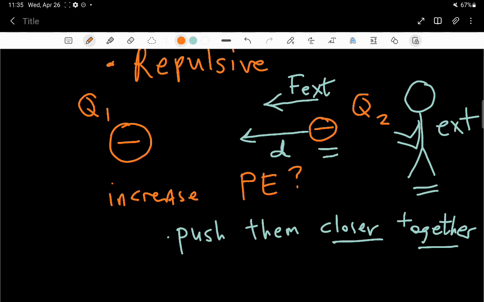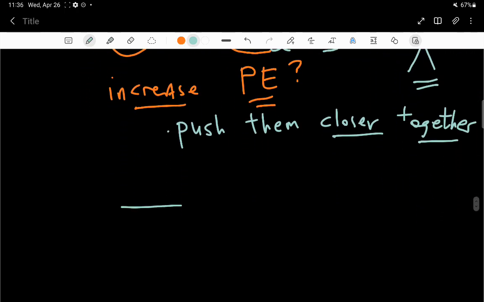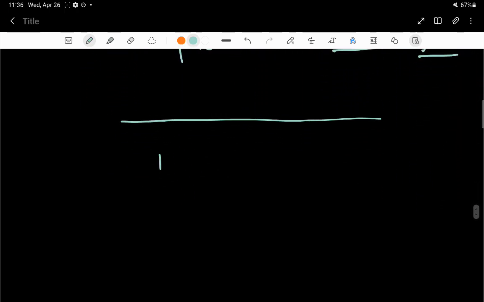And whenever the force direction and the displacement direction are the same, that work done is positive, which results in increasing the energy. And in the particular case that's going on, the type of energy that's being increased is electric potential energy.